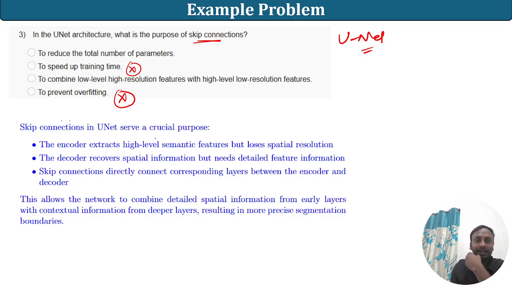The encoder extracts high-level semantic features. The decoder needs detailed information.